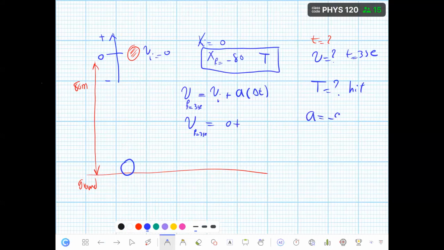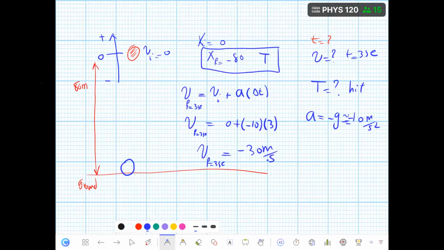Gravitational acceleration is negative g. I round it to the whole number. It's going to be negative 10 meter per second squared. So I plug this negative 10 here. How many seconds later? 3 seconds later. So the V final after 3 seconds is going to be what? Negative 30 meter per second.